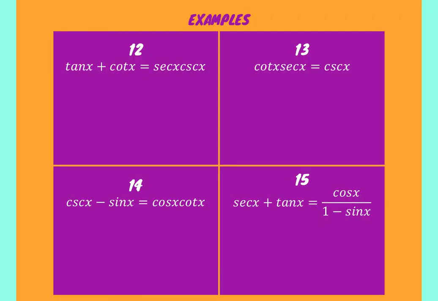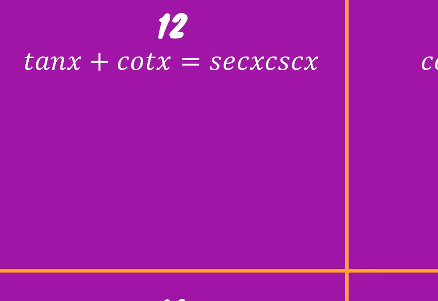So I'm going to just show you one other. Like if this said cosecant, this is how you could see pi over 2 minus x. That's how you would see the cofunctions.